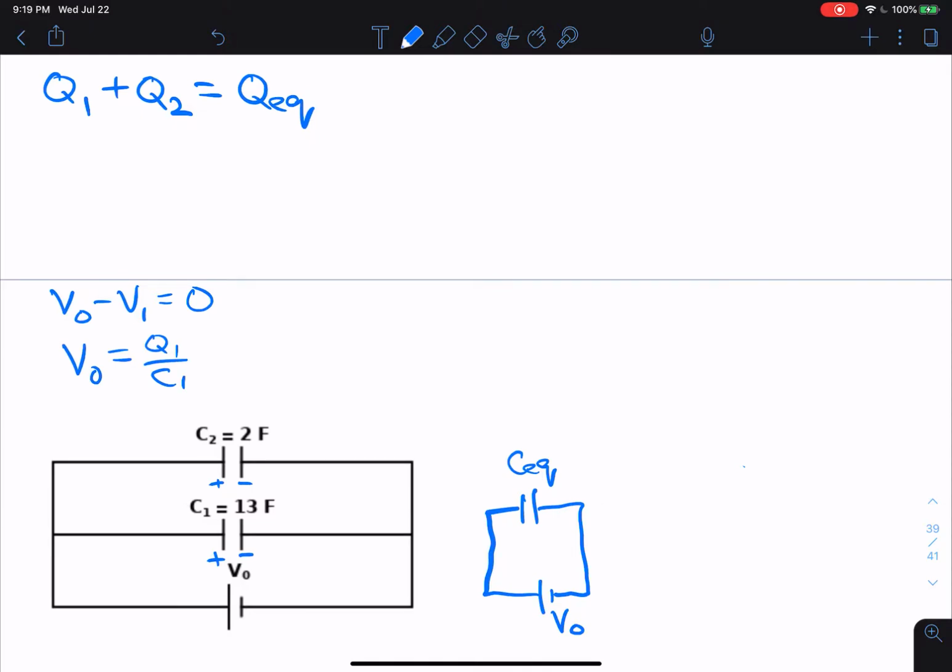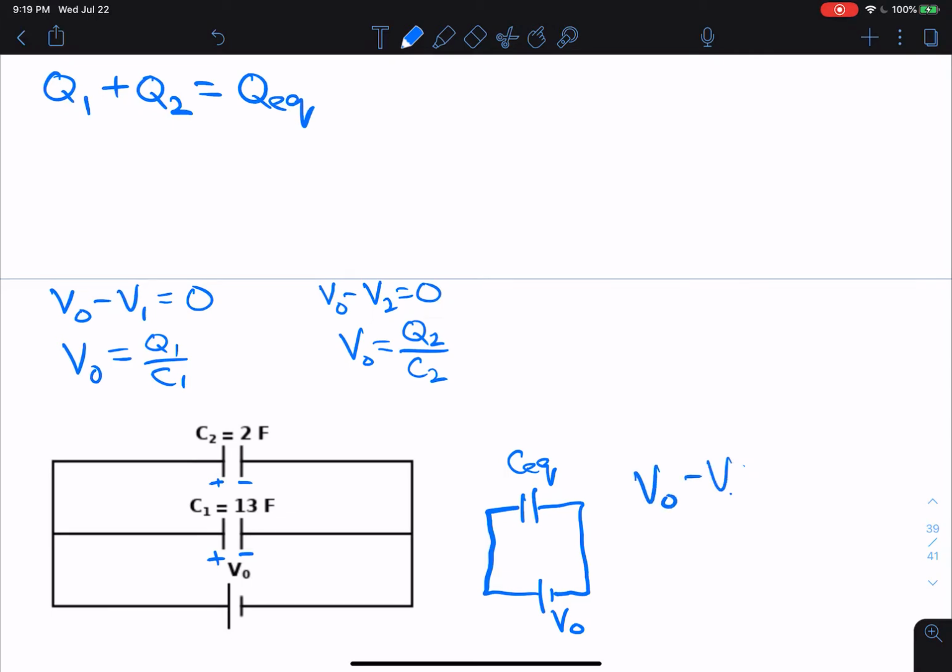And then I'm going to do the same thing for the outer loop here. So I'm going to have V naught minus V2 equals 0, and V naught's going to end up equaling Q2 over C2. And we'll do it down here for the equivalent circuit, and so we're just going to have V naught minus VEQ equals 0, so V naught equals QEQ over CEQ.